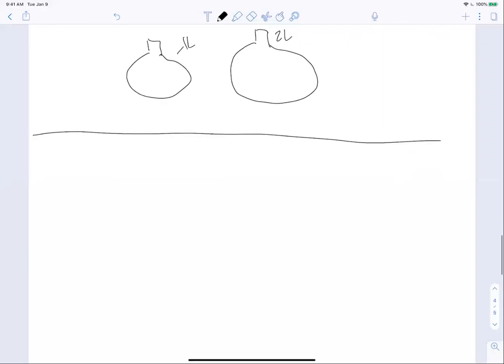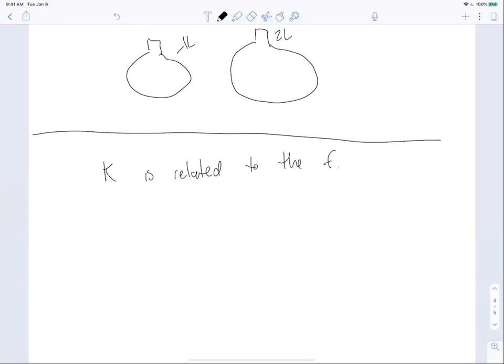Let's see. So we have these other equations that we can look at. So K is related to the free energy of the reaction.